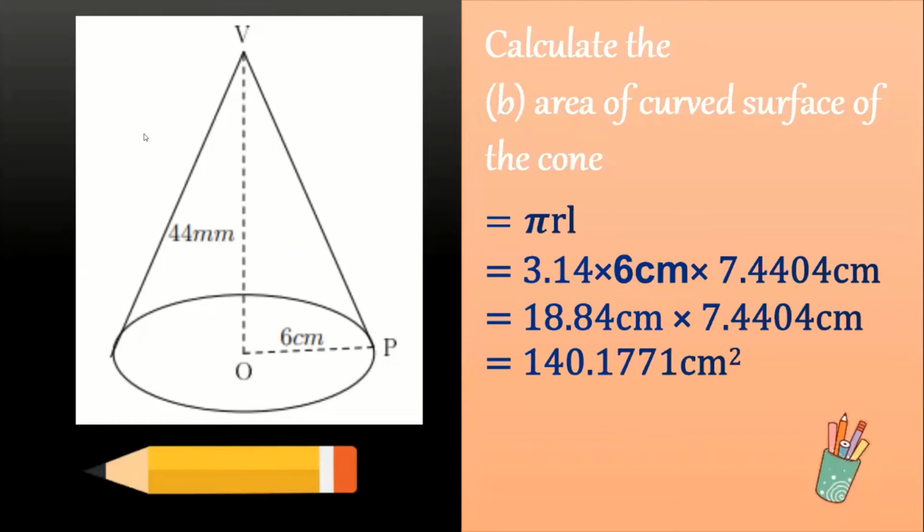There is a question in the chat that asks how I got the L on part B. The L that we are using here is the slanting height, and in our part A, we found the slanting height, VP.